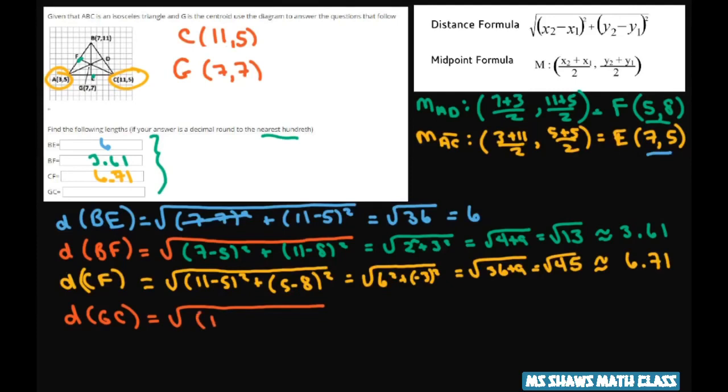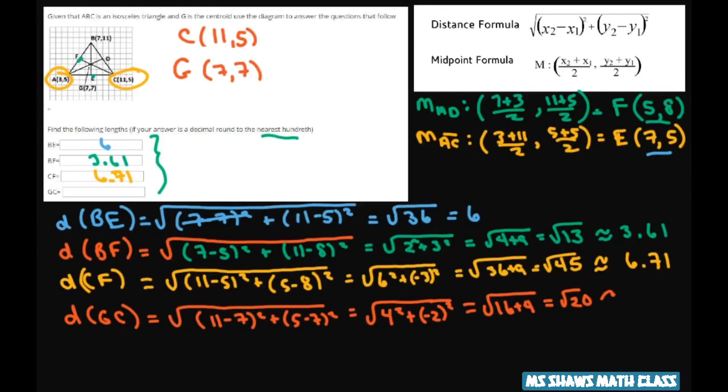So 11 minus 7 squared plus 5 minus 7 squared. That's going to give you 4 squared plus negative 2 squared, which gives you 16 plus 4, which equals square root of 20, which is approximately 4.47.